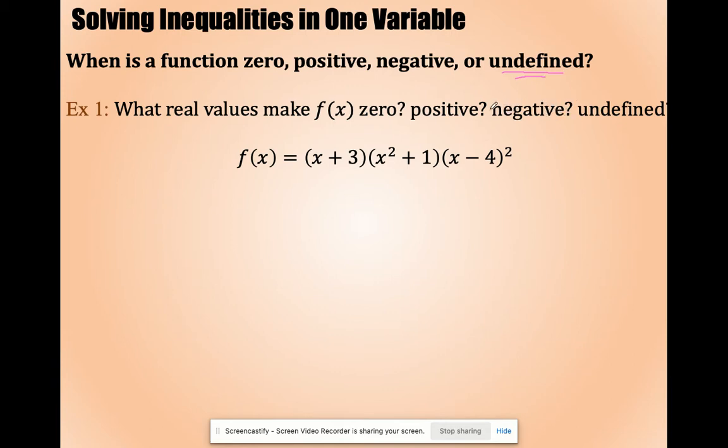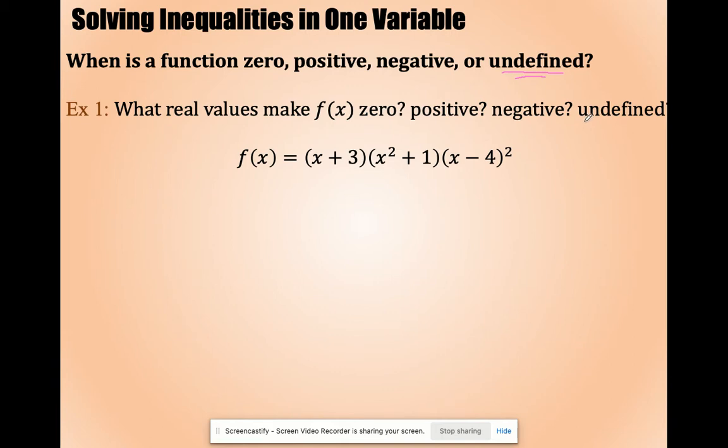Unless otherwise specified, you are working under the set of real numbers. So when I look at this polynomial, I am not trying to solve it over the set of complex numbers. I just want to know what real values make this function equal to 0, positive, negative, and is there any operation that would cause me to be outside the set of real numbers?